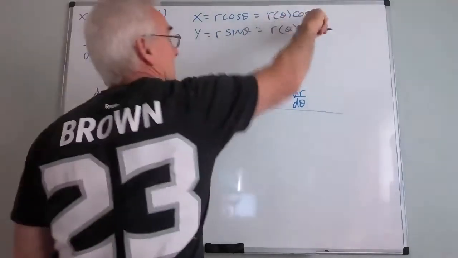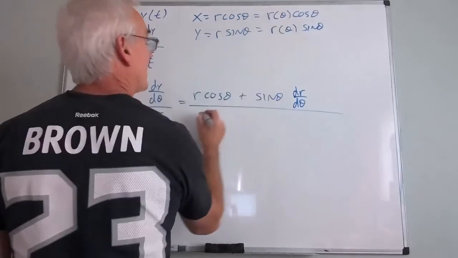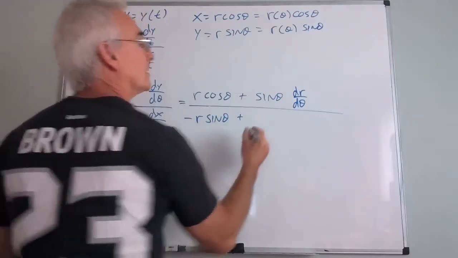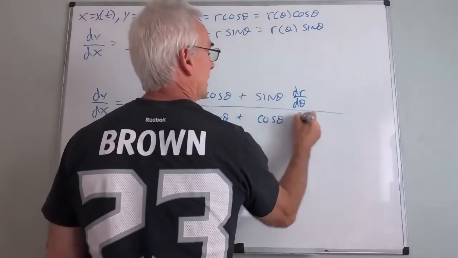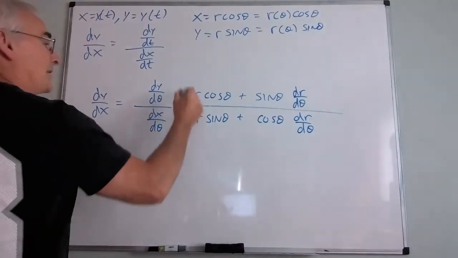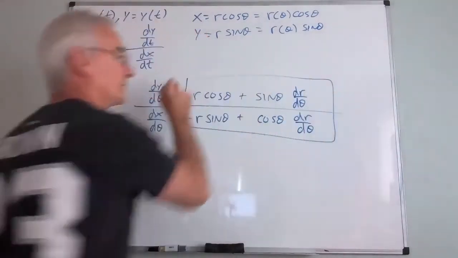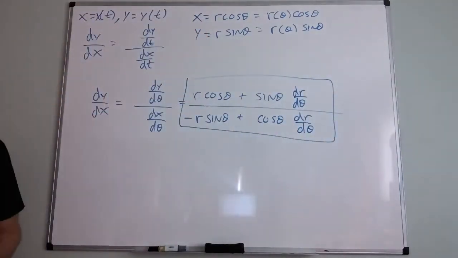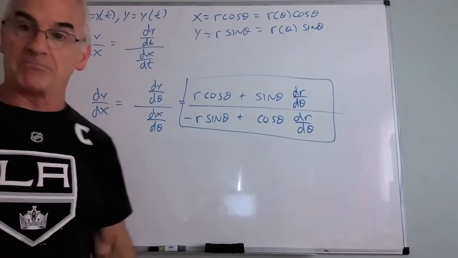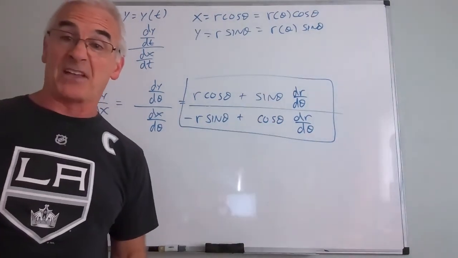Now x: first times derivative of the second, so that'd be negative r sine theta plus the second times the derivative of the first. And it turns out this is the formula for finding the derivative of anything in polar form. All I'm using is this formula here, which we derived last week. That's actually not that terrible.